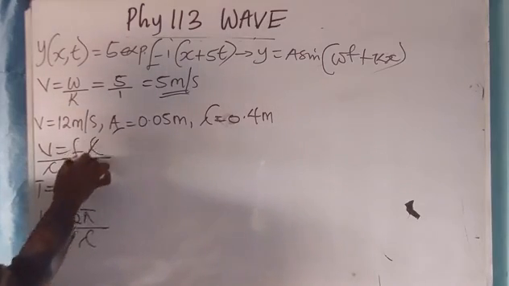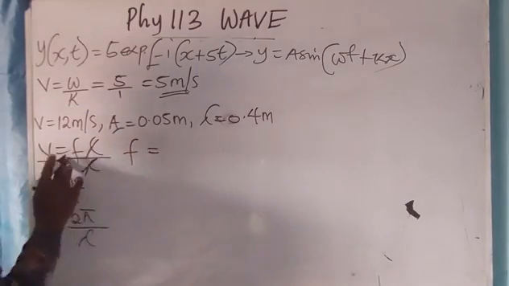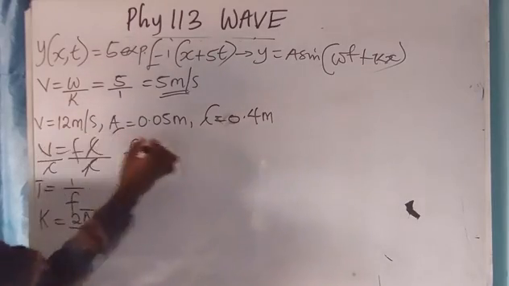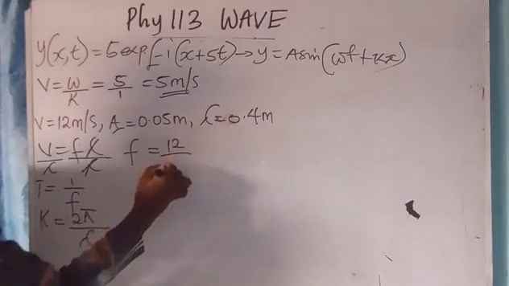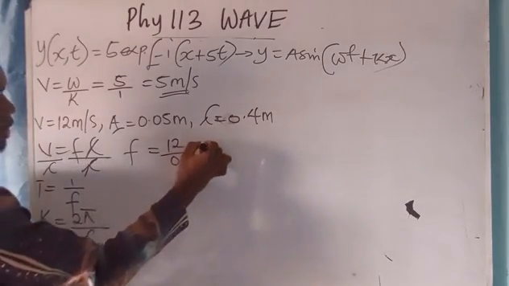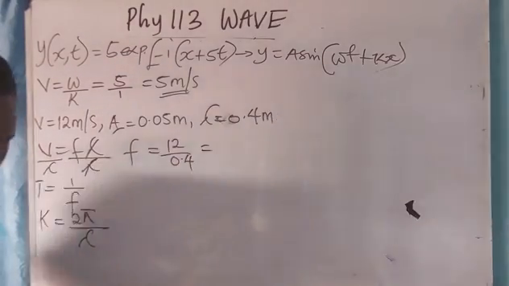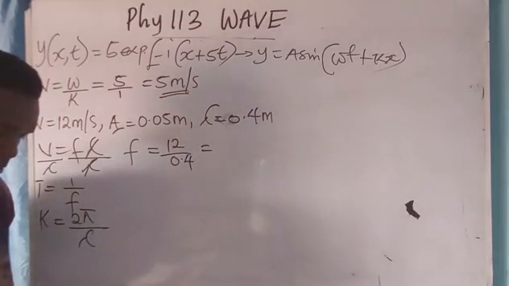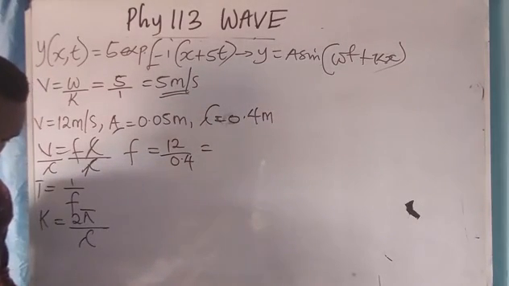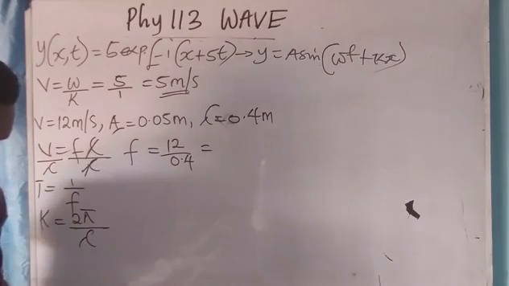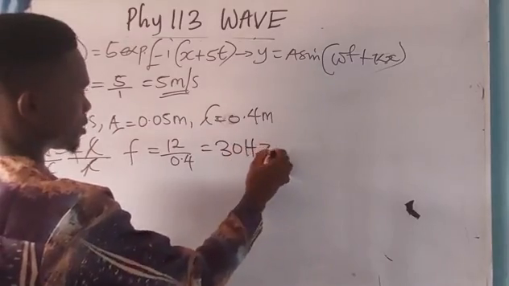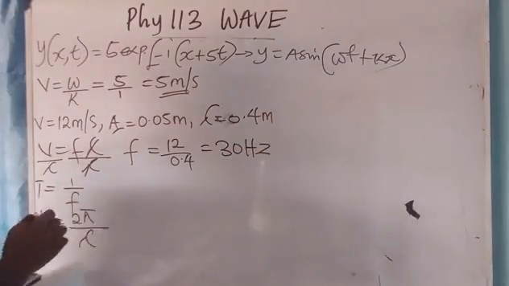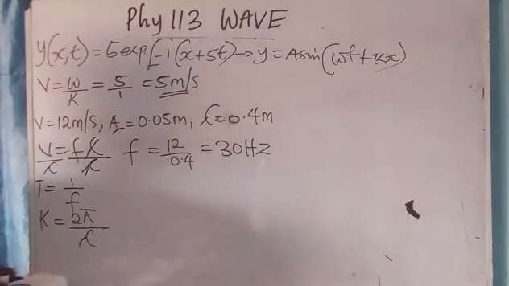So f equals velocity, which is given as 12, over lambda, which is given as 0.4. Therefore frequency is 12 divided by 0.4, and that will give me 30 hertz. 30 hertz.